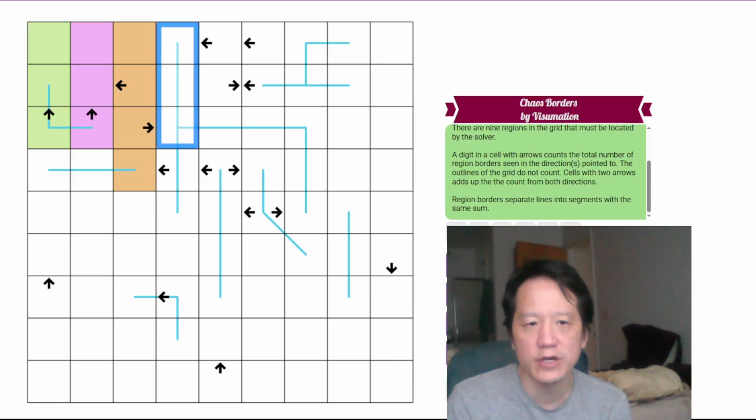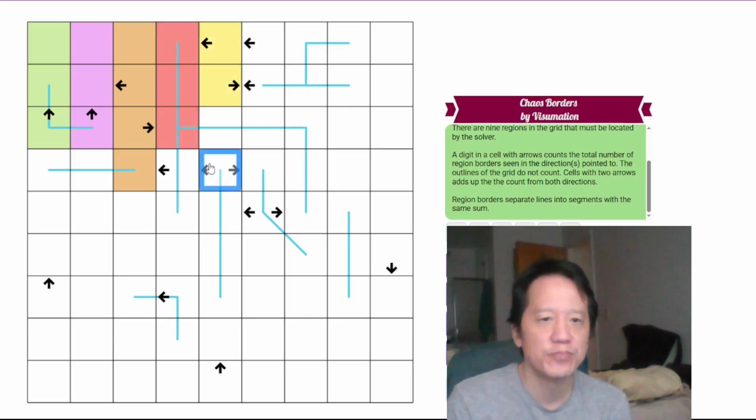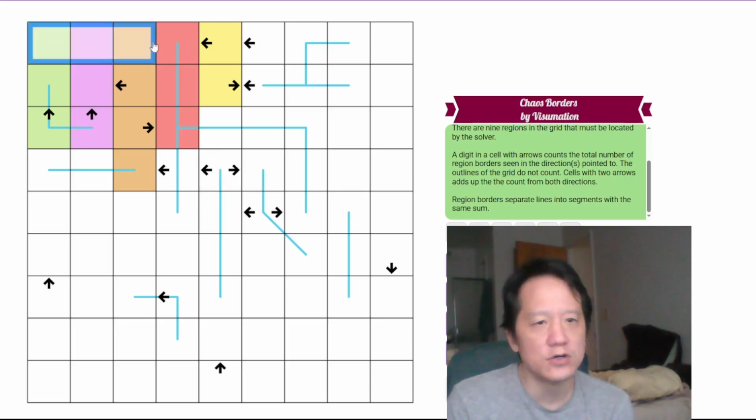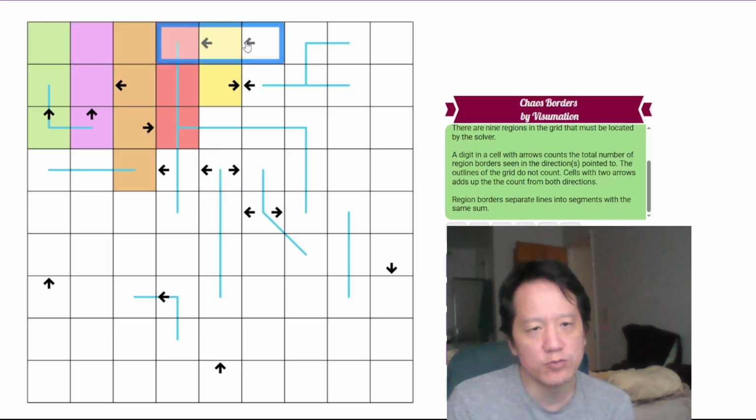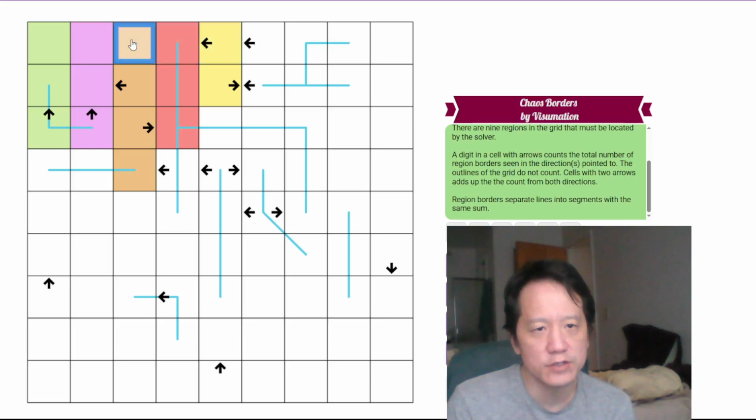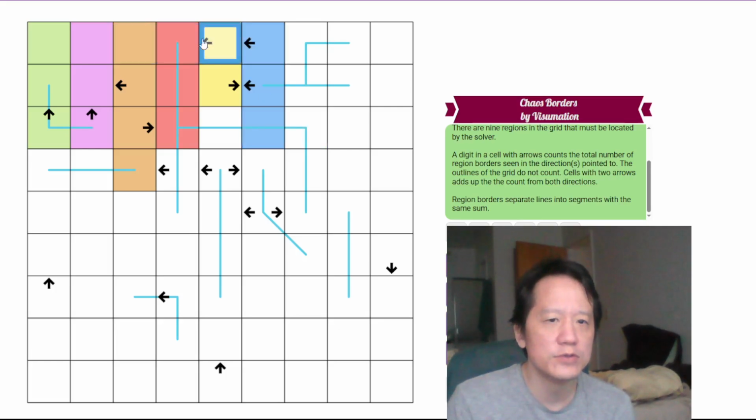And then we had a separate region here. Since these are all different regions, this would be a region border, so this counts as 1. This is a region border, so that counts as 2. Actually, let's make this then another region. So this would count as a region, so that counts as 1.